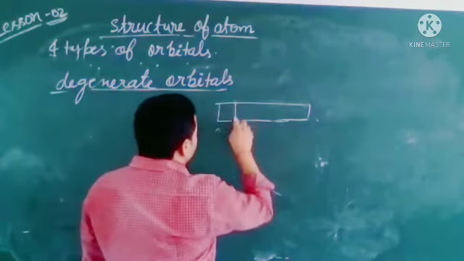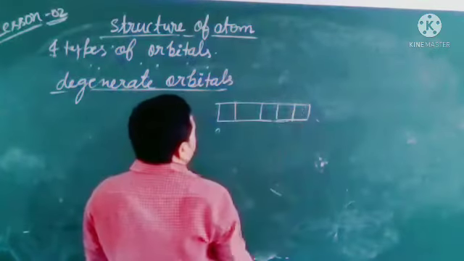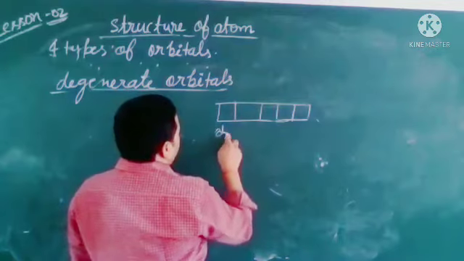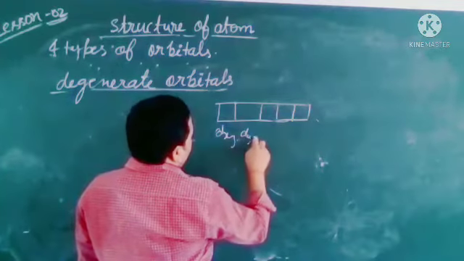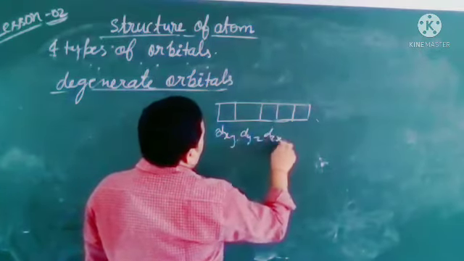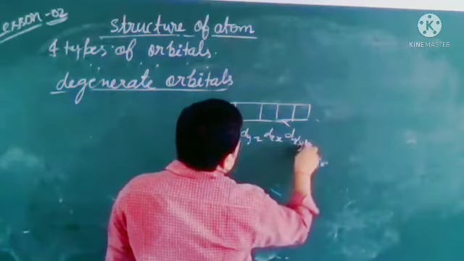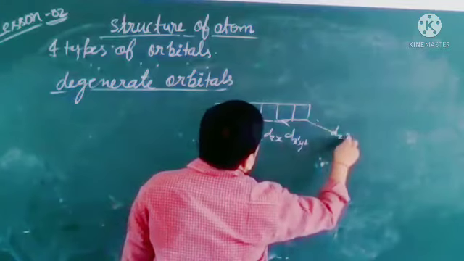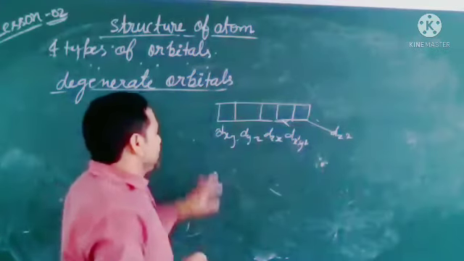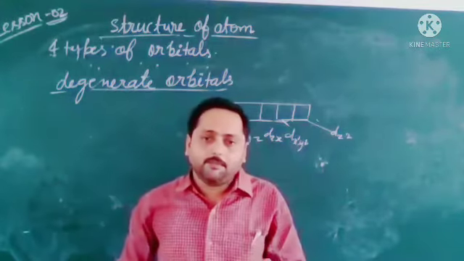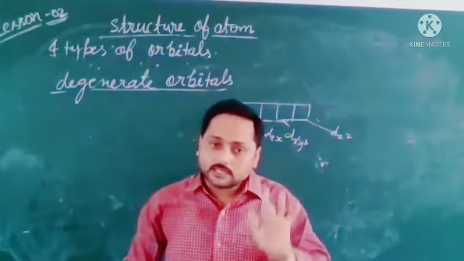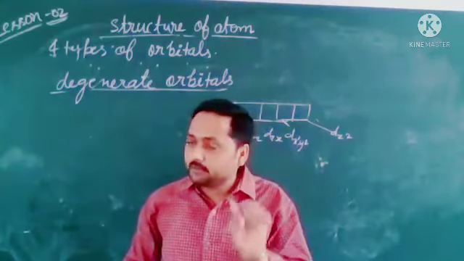Let us see that d orbitals are 5 types: dxy, dyz, dzx, dx square minus y square, and dz square. Just look, these orbitals have equal energy.